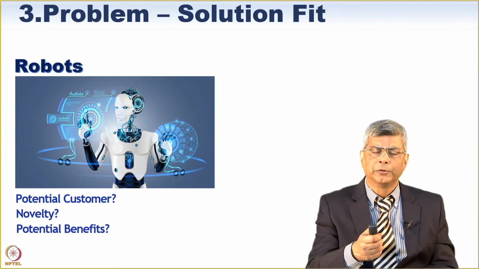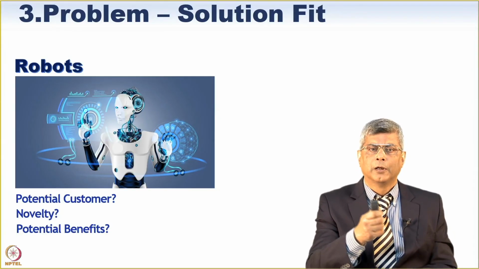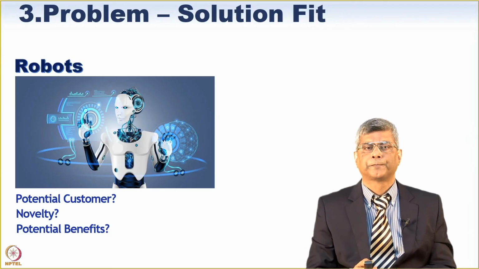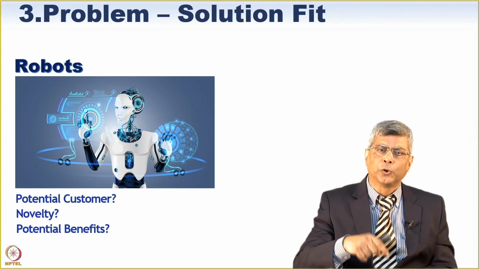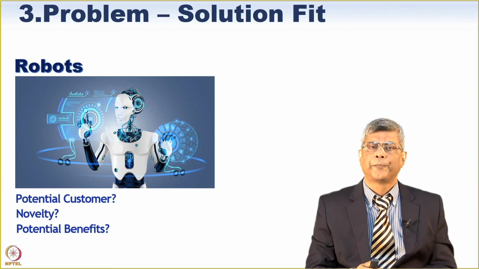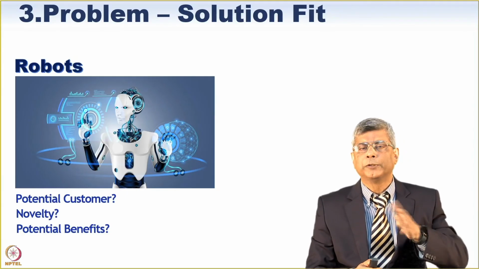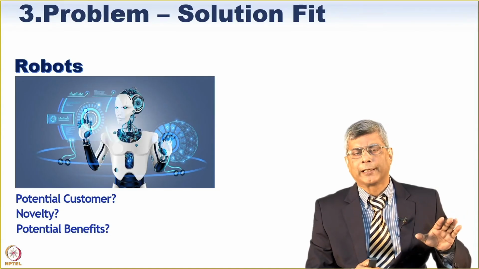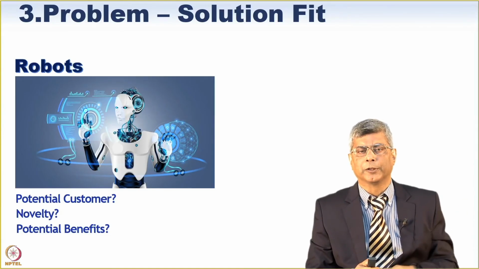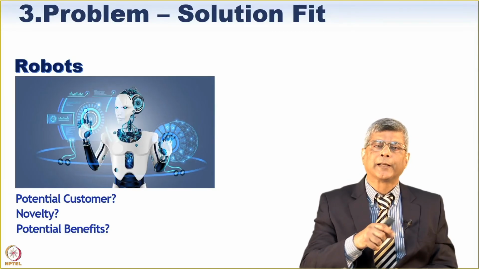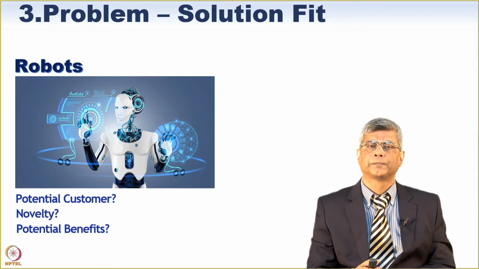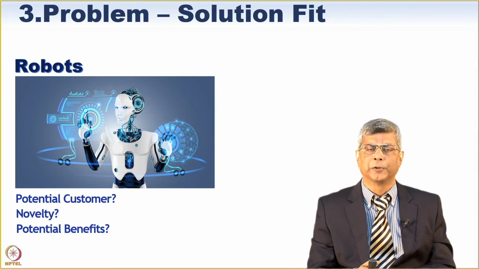I would encourage you to read up on the internet about robots. But for the purpose of this course, and for you to develop your innovation thinking, don't think about the computer science or the electrical engineering or the mechanical engineering of a robot. Think about the business aspect of a robot, the business innovation aspect of a robot.